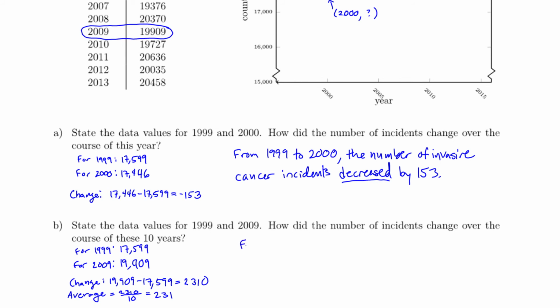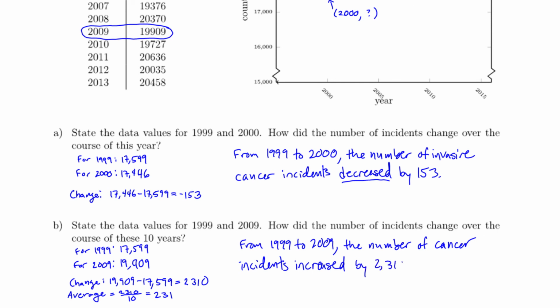From 1999 to 2009, the number of cancer incidents increased by 2,310, which is an average of 231 per year.